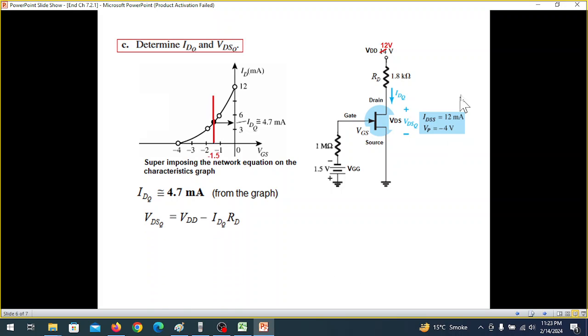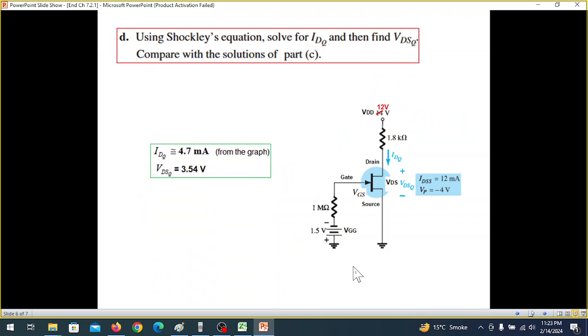So from here we can see that VDSQ is VDD minus this voltage drop, VDD minus IDQ RD. IDQ we have found from the graph. We'll put that value. It is 12 minus 4.7 times 1.8. That means VDSQ is 3.54. So from the graph we found these two things.